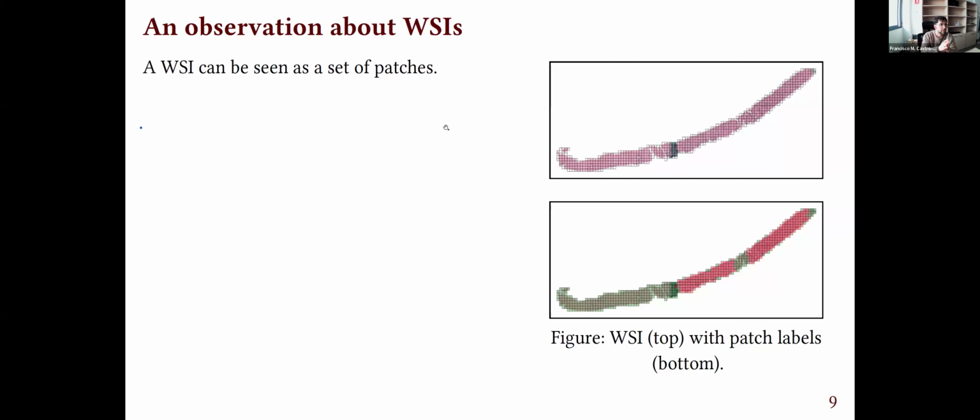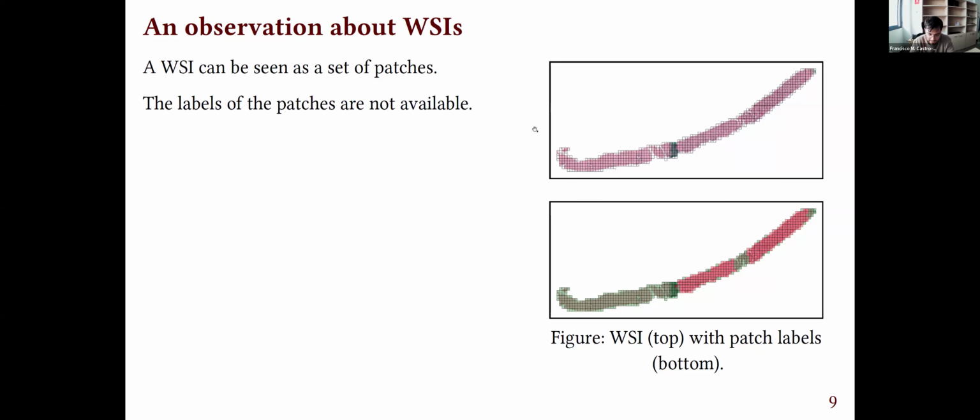Before explaining multiple instance learning in a formal way, I would first like to make an observation about the nature of whole slide images in the context of cancer diagnosis and cancer prediction. As we said, a whole slide image can be seen as a set of patches, and these patches can be labeled as I explained before.